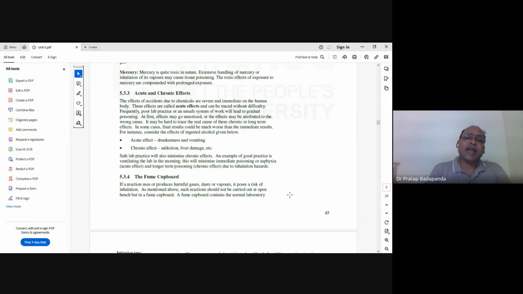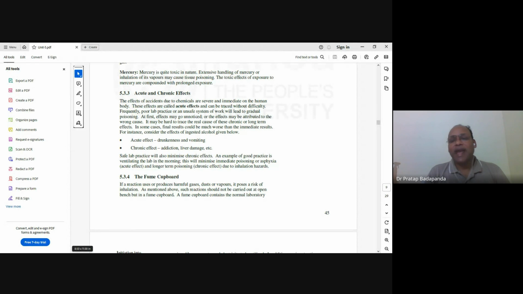Actually, acute is when the accident happens immediately. But usually, every time some gases will release from some source. We don't know. Suppose a chemical container is not properly sealed. Then gases will come out slowly, and throughout the lab that gas spreads every time.